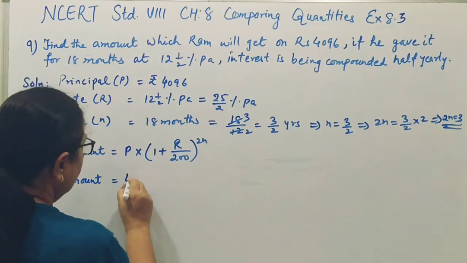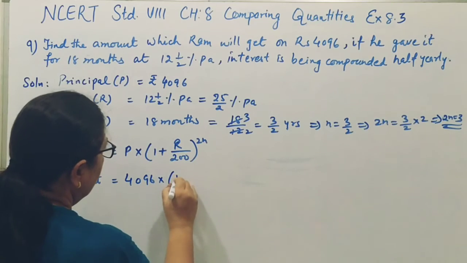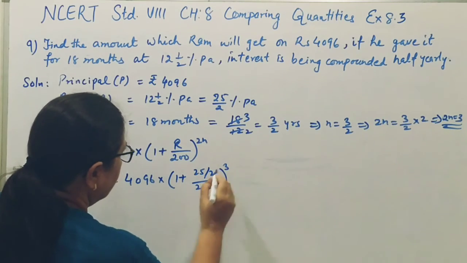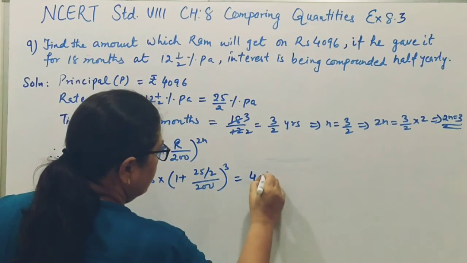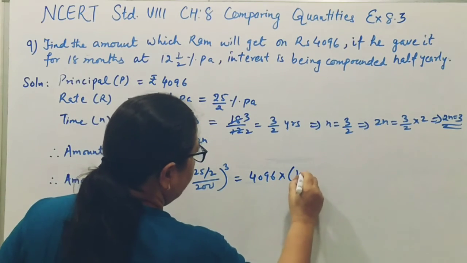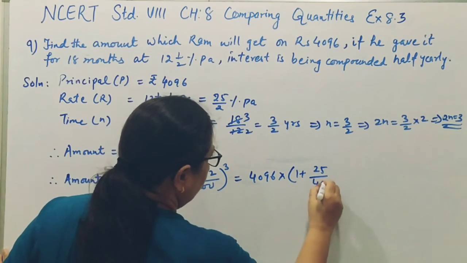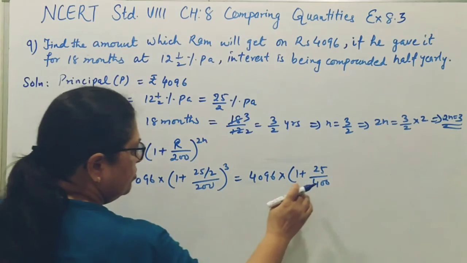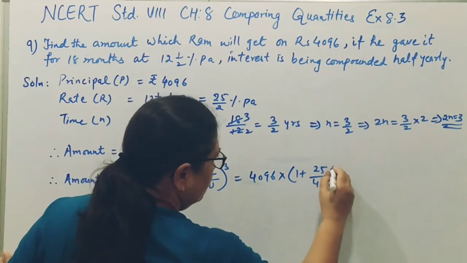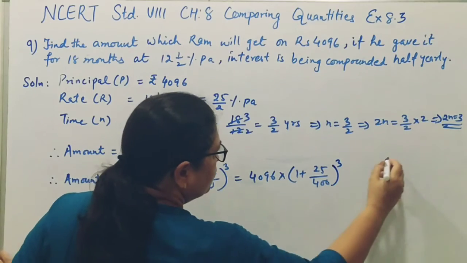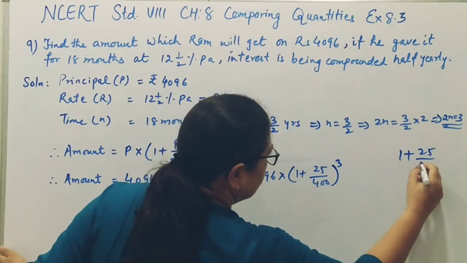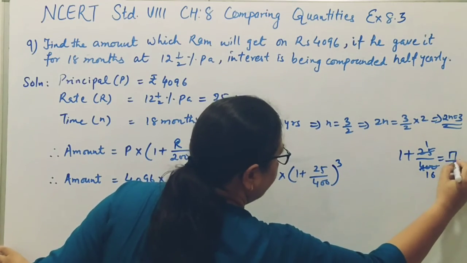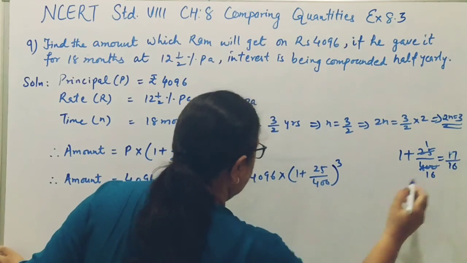Therefore, amount is equal to 4096 into 1 plus 25/2 upon 200 raised to power 3. So it will become 4096 into 1 plus 25 upon 400, since this 2 will get multiplied by 200, raised to power 3. So 1 plus 25 upon 400 after cancellation will become 17 upon 16.